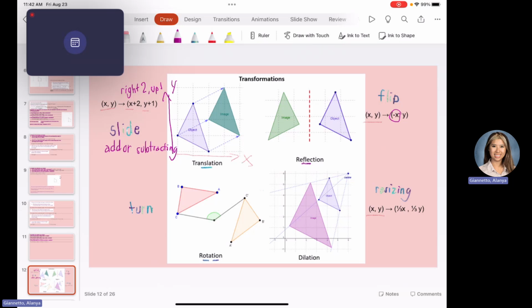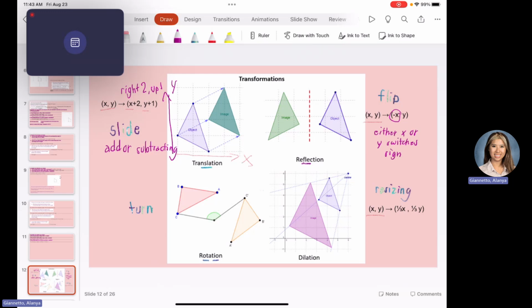So in a reflection, either the x or the y switches signs. So if we assume that x and y are positive, then of course the x here would become negative, the y would stay positive. But let's say our x started as a negative. When it flips, it would become positive.